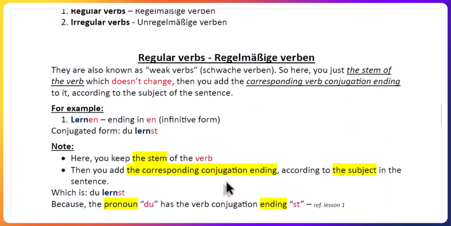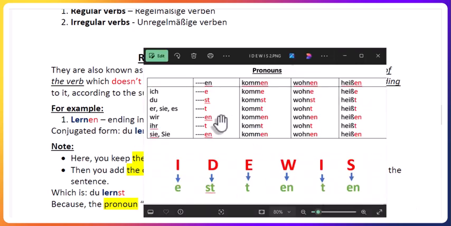Take an example: the verb we are learning, lernen, to learn. That is the infinitive form, to learn. In the sentence, du lernst. Du is the second person pronoun, and it is singular. The conjugation is lernst, and you don't have to challenge it because that's how the rule is.